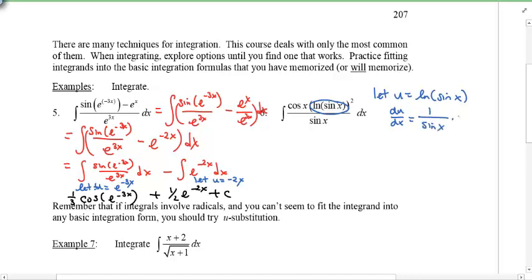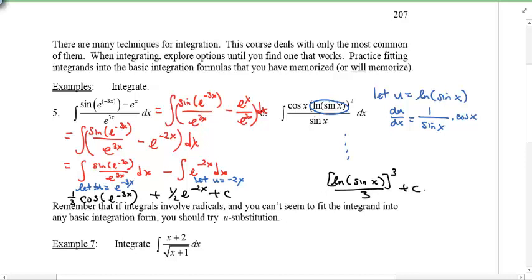But don't forget the derivative of the inside is cosine x. And once again, I'm going to let you do the rest. I will just quickly tell you that the answer is natural log sine x all cubed over 3 plus c.